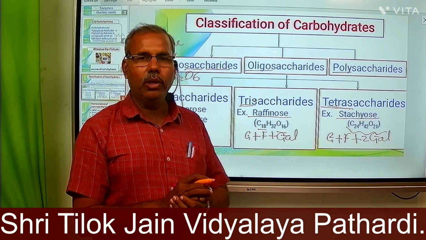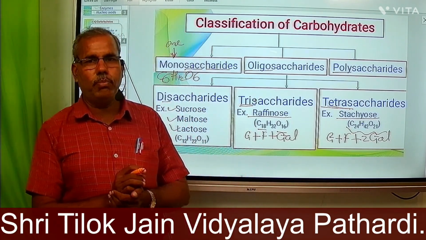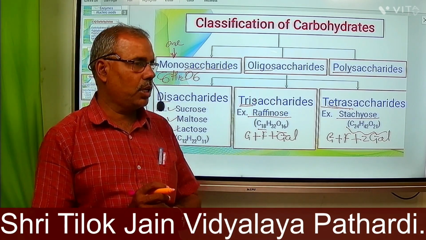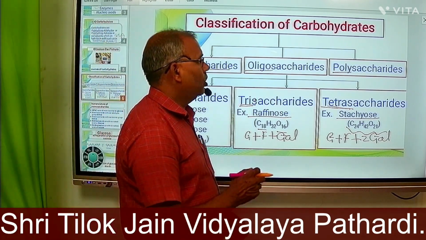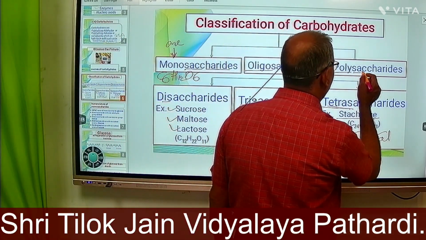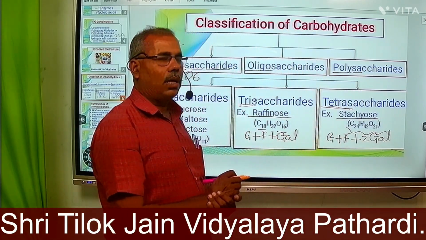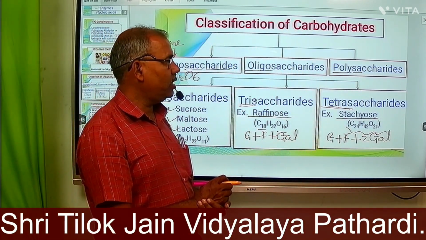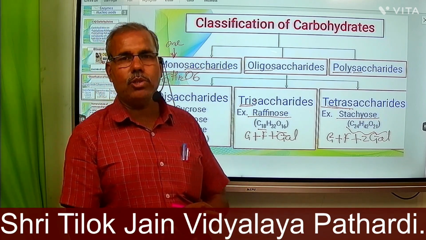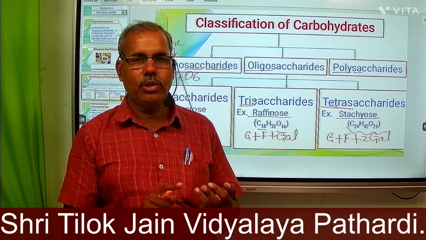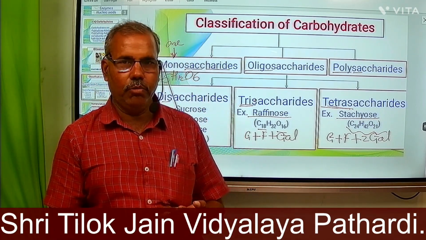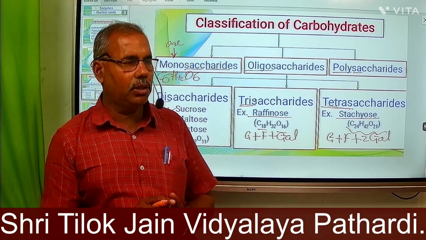It may be thousands or lakhs of monosaccharides. The examples of polysaccharides are starch, cellulose and glycogen, which we are going to study in further lectures.